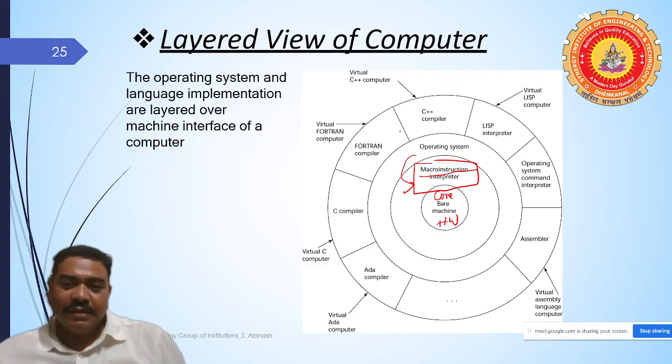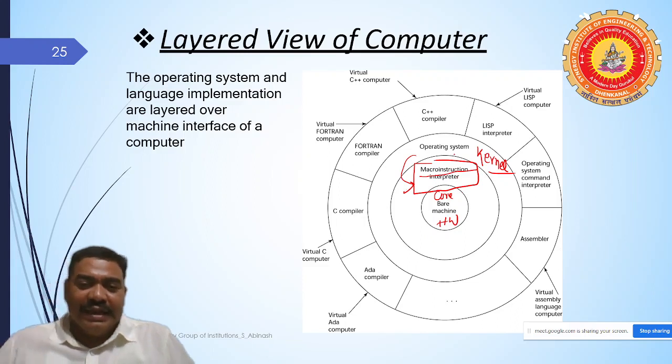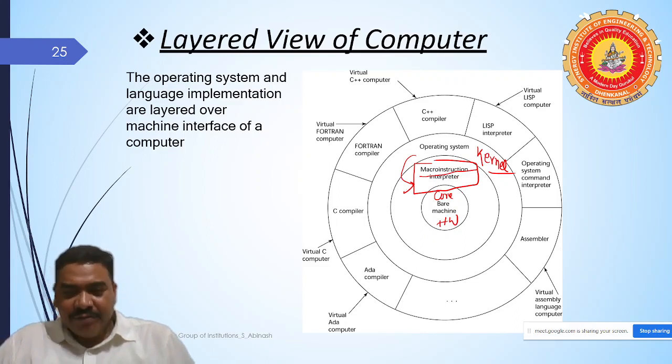That is the basic kernel, and above this kernel a number of compilers, linkers and loaders are available. So this is the layered view. The first one is the core hardware machine. Above it is the micro instruction interpreter. That means whenever any processor is designed, a set of instructions is designed.